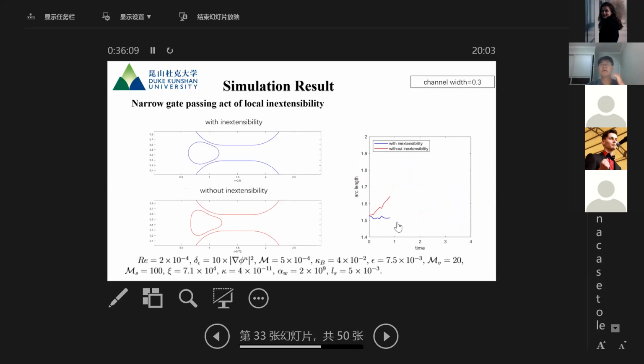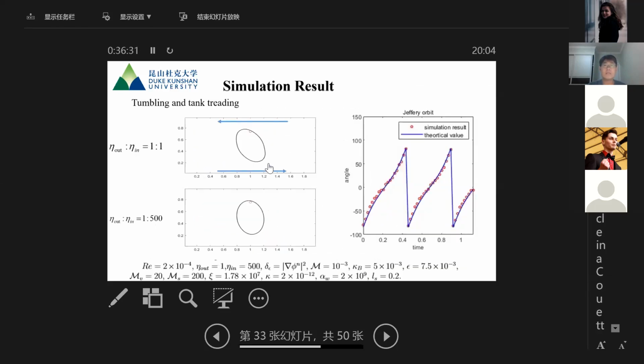Now, because I can accept the model, I do some prediction and analysis. Okay, the first thing is that the cell membrane has a property called inextensibility. So why is this important? Let's move back.